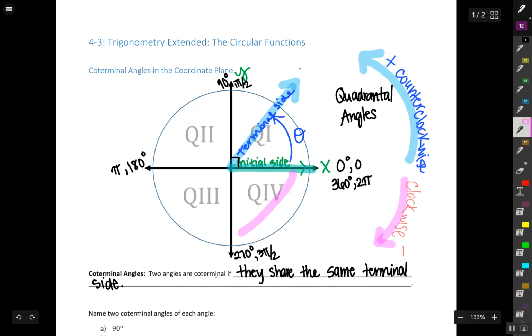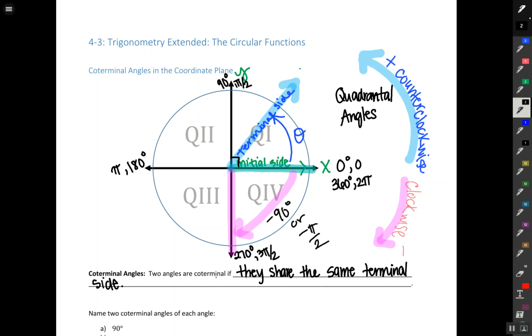Okay, so that leads us to another way I could describe 270 degrees. If I'm going this direction, I will land there. Hopefully you can see that that's 90 degrees, except I'm going in the clockwise direction, so that's essentially going to be negative 90 degrees, or negative pi over 2. So that's another way that we can get coterminal angles.